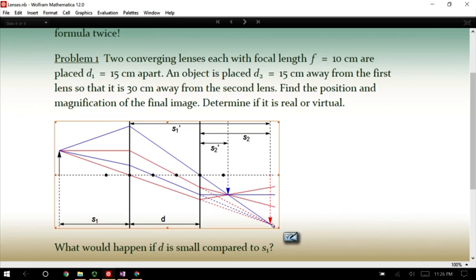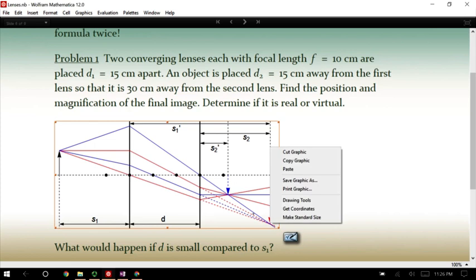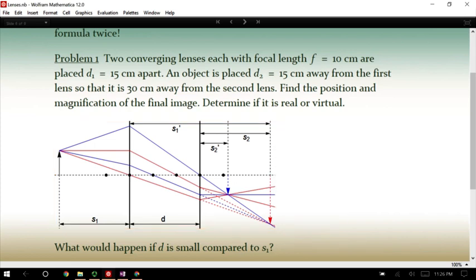Notice that this object is on the refracted or image side of the lens, which means S2 here is going to be a negative quantity. And S2 prime, which is now my final image distance, is going to be, in this case, a positive quantity.